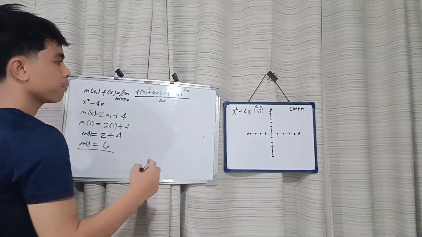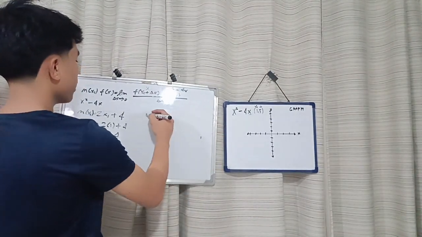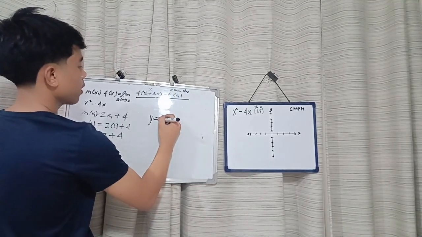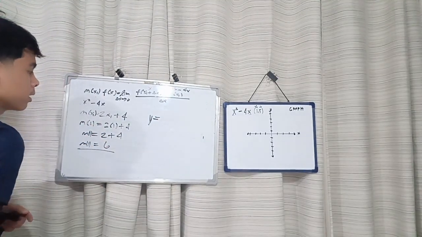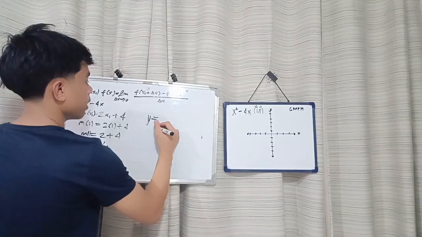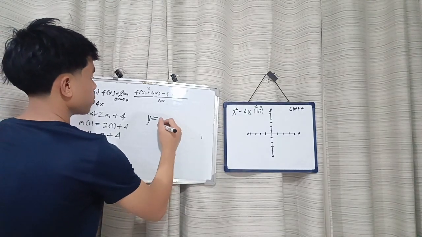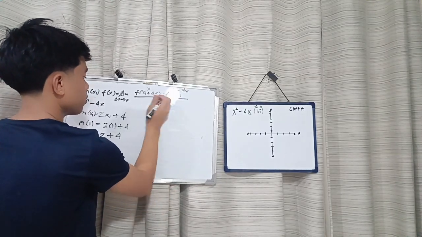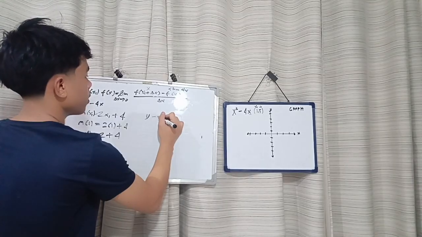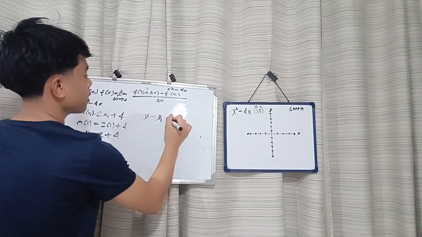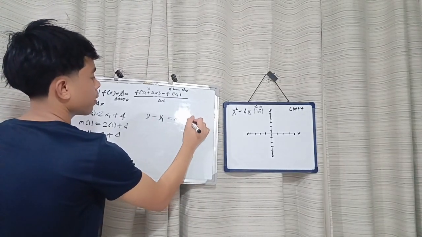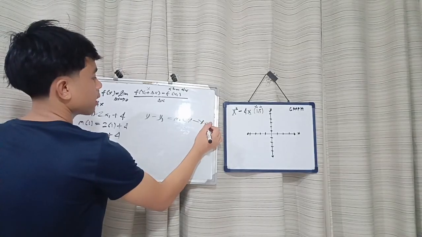To get the y, the formula is y minus y sub 1 equals m times x minus x sub 1.